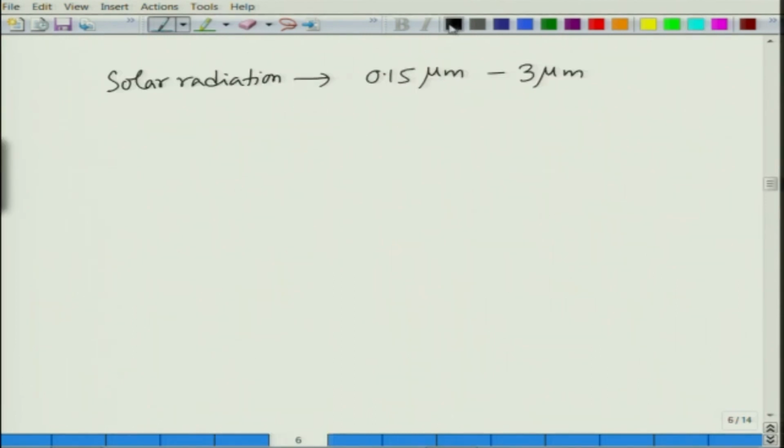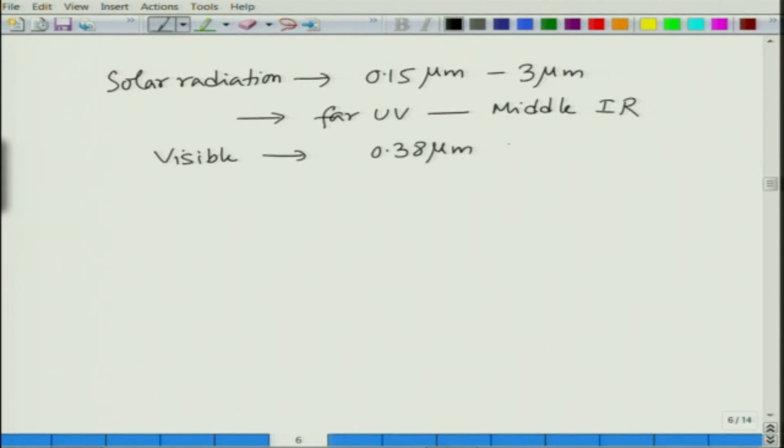So, we are within far UV to middle IR. This is the solar radiation range that we are getting, and out of that, the visible range is 0.38 micrometer to 0.72 micrometer.